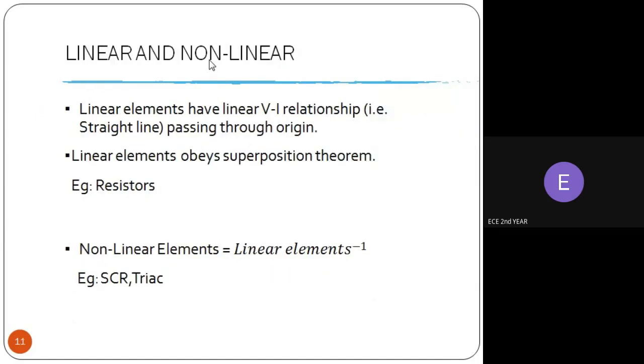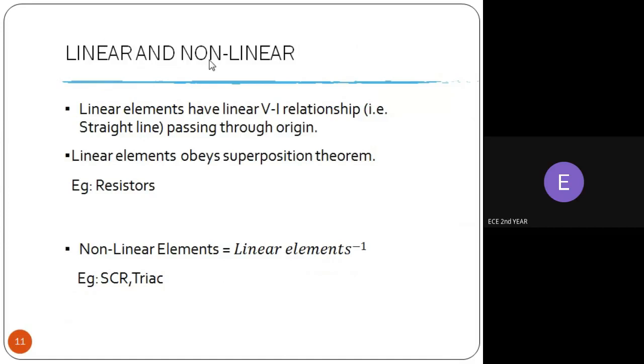Linear and non-linear networks. Linear elements have a linear VI relationship, VI in the sense voltage to current relationship, which is a straight line passing through the origin. So a linear element obeys the superposition theorem. Example, resistance. Non-linear elements are directly opposite to linear elements.